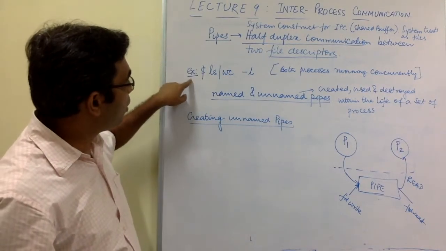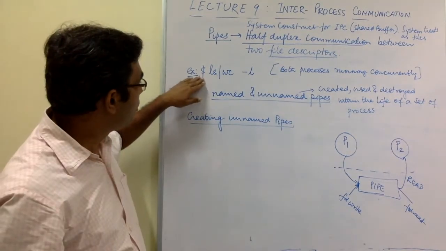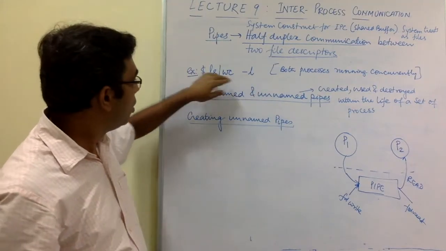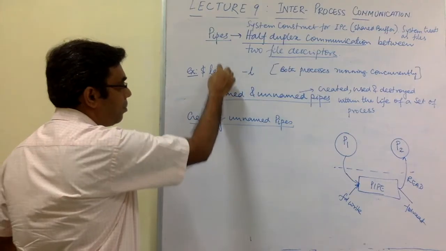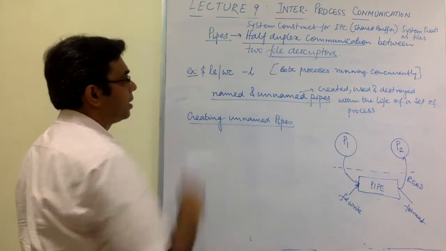A typical example of a pipe would be a very common command that we type in our Unix shell. So this is a program called ls, this is the pipe, and this is another program, the word count program, wc -n.